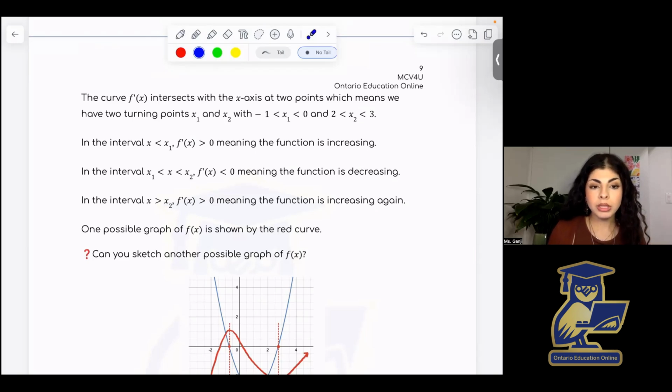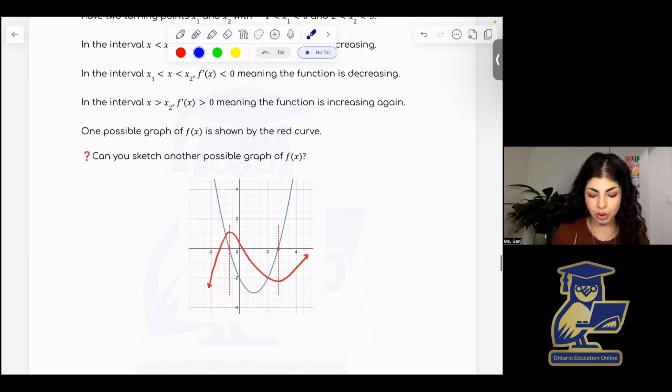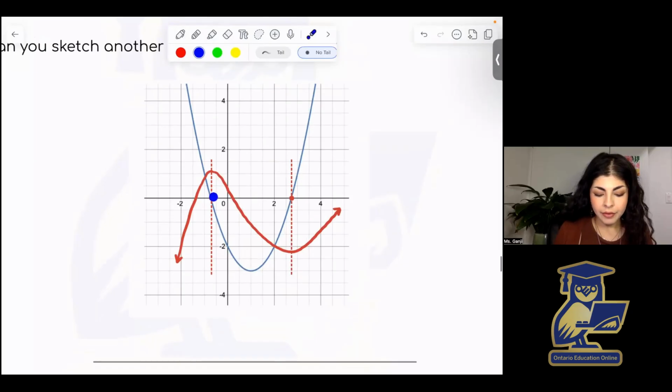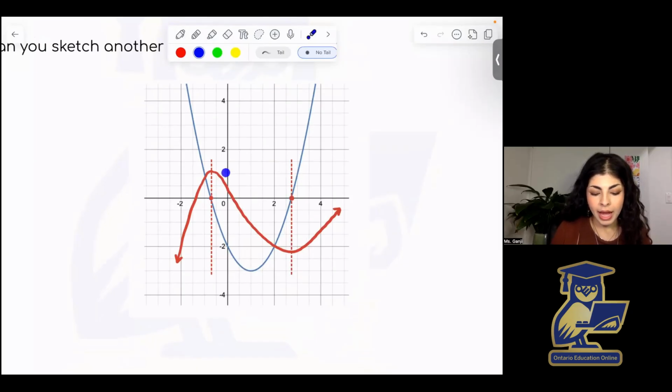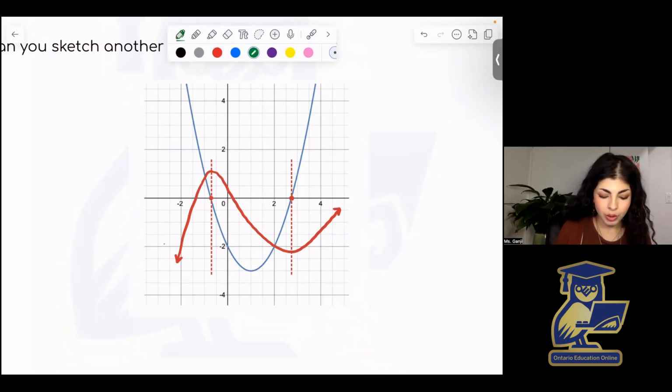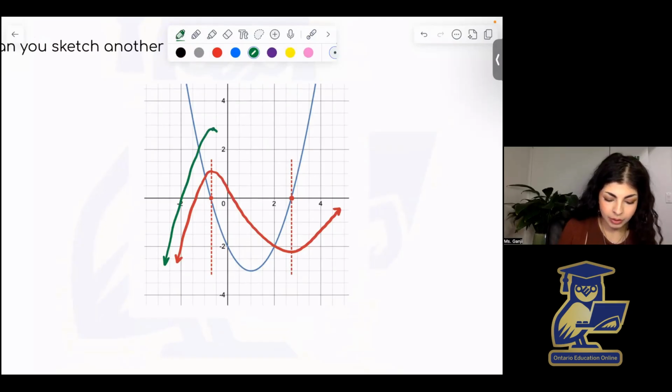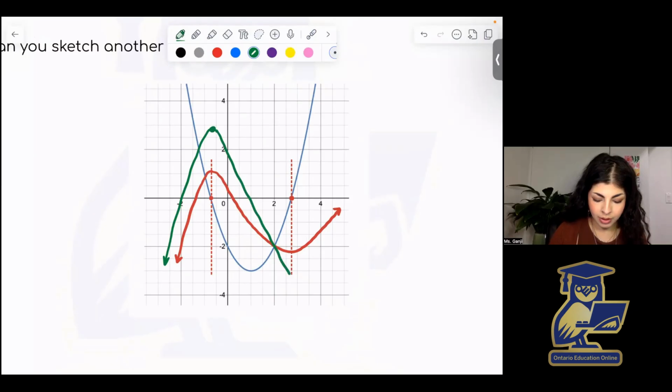So one possible graph of f of x is shown here. So I plotted my 2 points here. I have a decreasing function on this interval, and here we have increasing, and as well here we have increasing. And I'll show you one more possibility. So you could also have something like this. So turning point there, and then go down, and then over here, and then go back up, increasing.